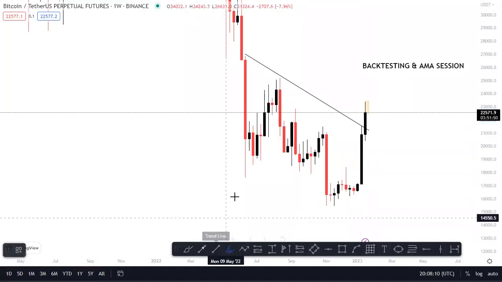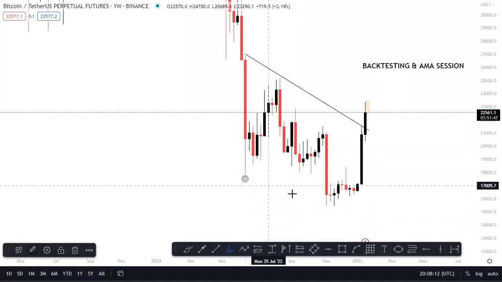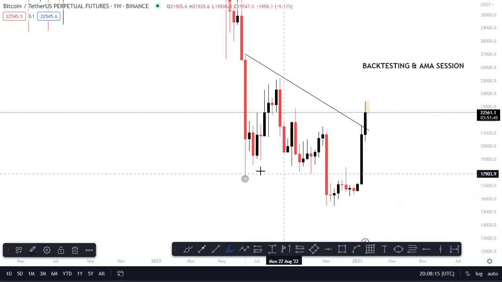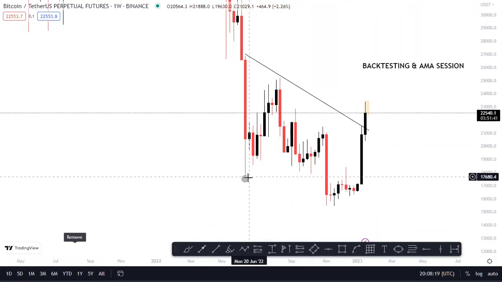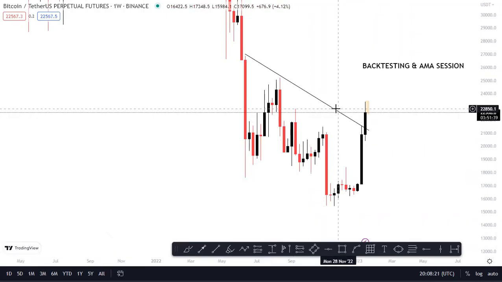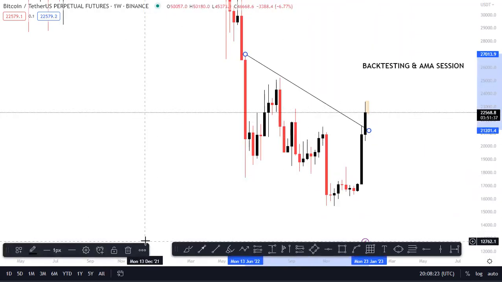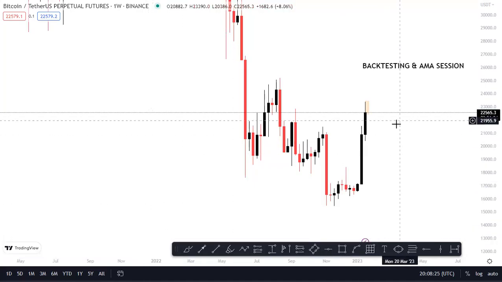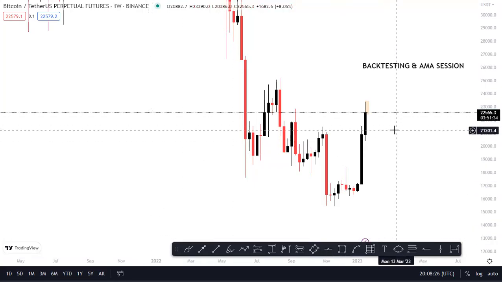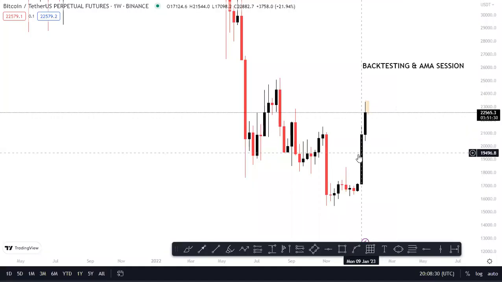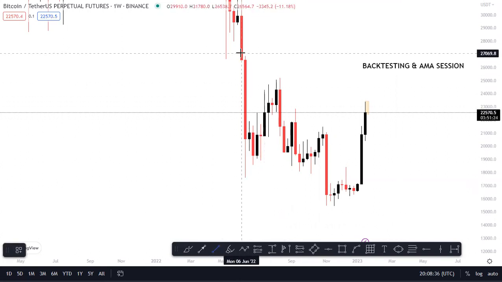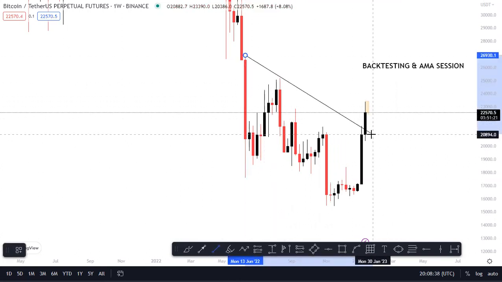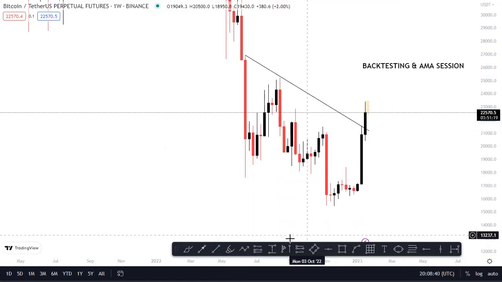Now let me go to the real thing. So this is the weekly time frame, and I want to come in with two approaches. If I'm to use chart patterns to check things on this weekly time frame, you see that it's a bullish chart pattern and price actually broke out.